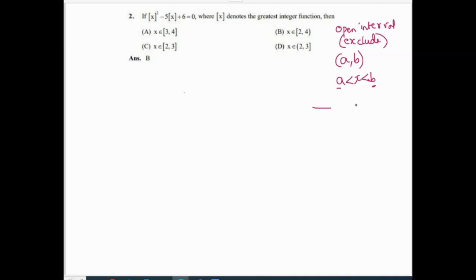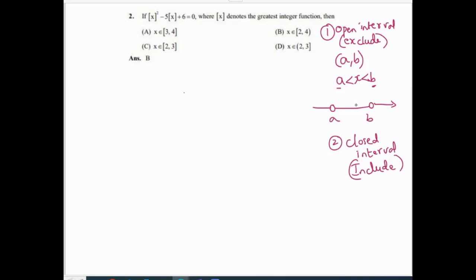And the graph for this can be written this way, where a and b are open. Then moving on, the second type of interval we have is the closed interval, also called the include interval. Exclude means we will not be taking the values of a and b.